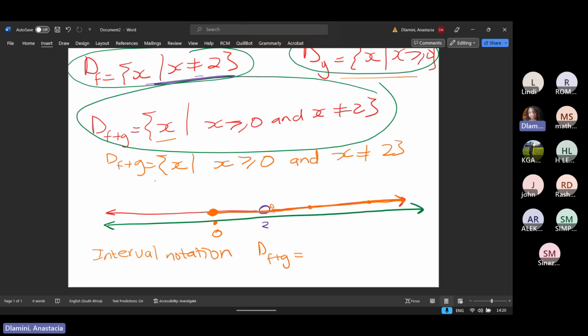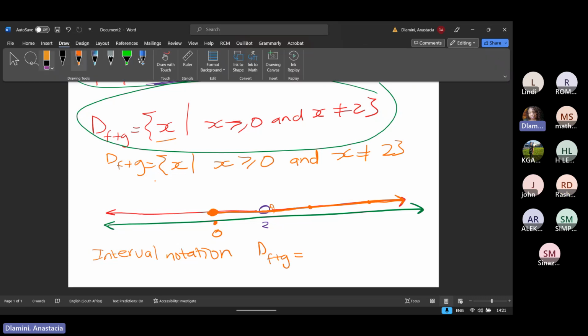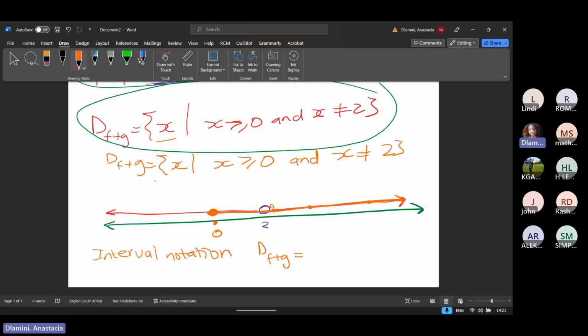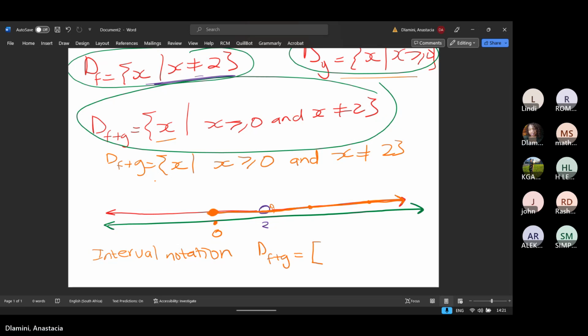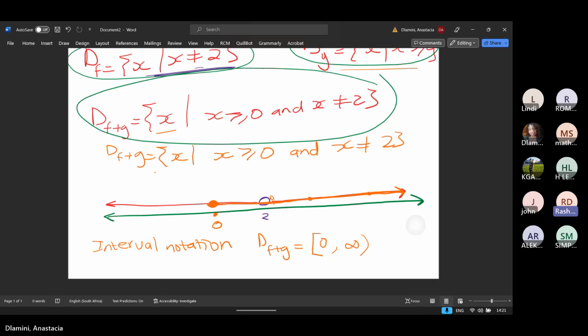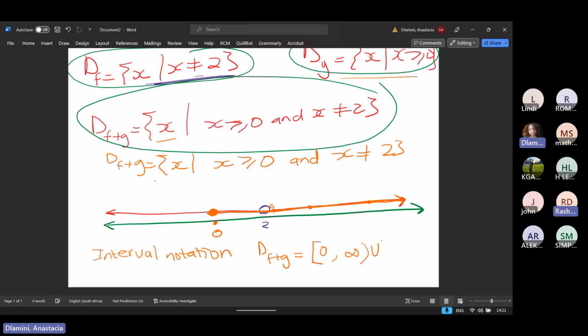Square bracket or round bracket? Square bracket. Okay, square bracket. 0 to infinity. Yes. And another union. Okay, sorry. Union.